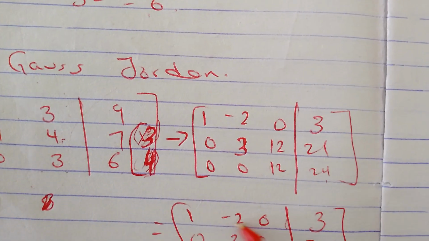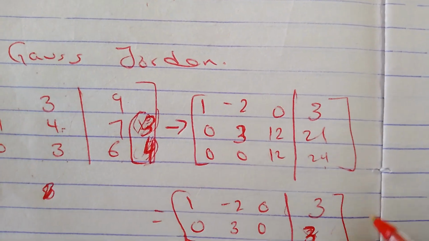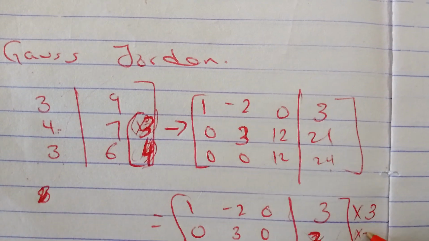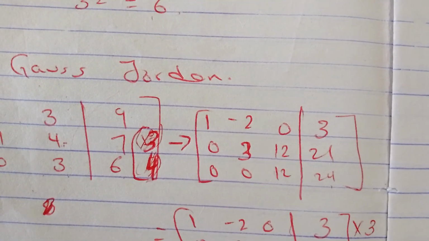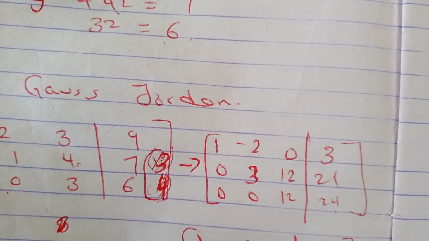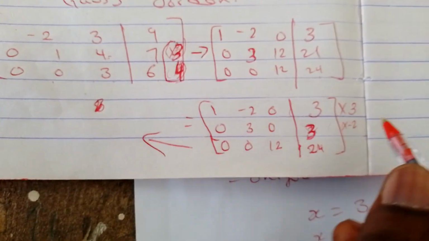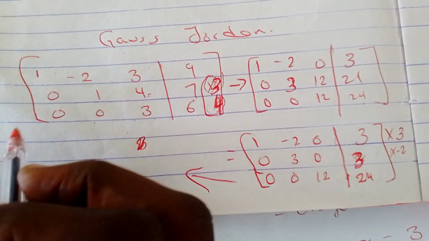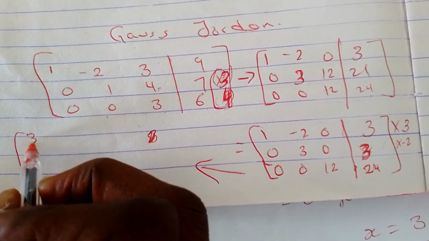So let's get to the last one. So how do we take this one to 0? Right, you can multiply this place by 3, multiply this place by negative 2. Oh, I didn't save space for that. Okay, so let's do that here. If you multiply this side by 3, you end up having 3 here, right?